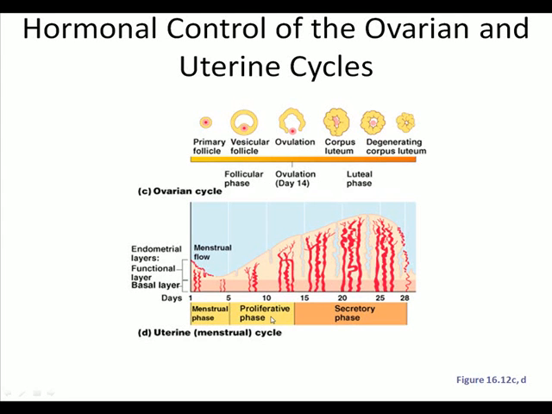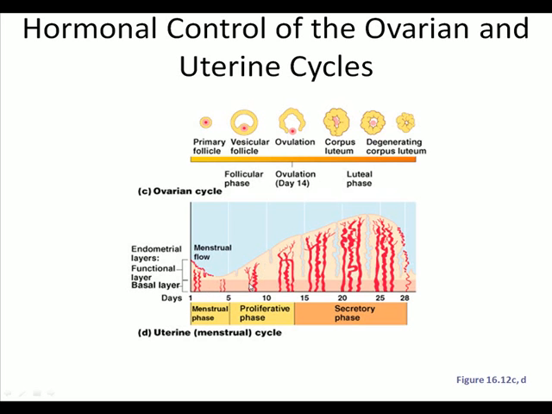You can also talk about the uterine cycle. This is what's happening in the uterus that you most commonly see at the end of the cycle as menstruation. So through the month, the endometrial layers, all of the layers of the uterus, are plumping up, getting lots of nutrients to prepare for implantation of the embryo and being able to provide it nutrients through development.